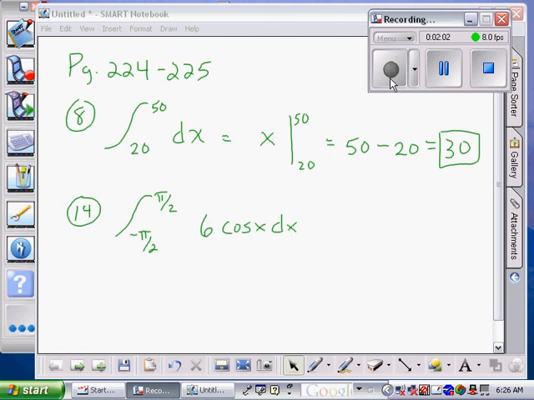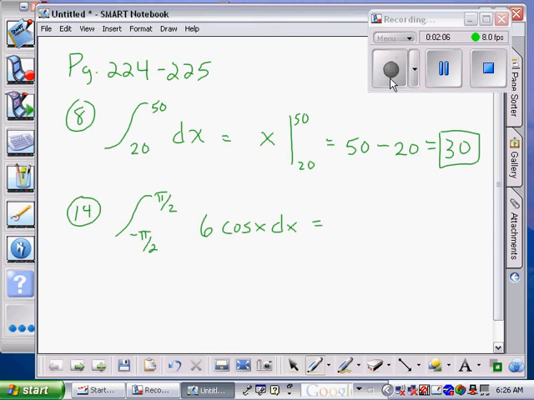Alright, did you get the antiderivative? Set your 6 out. What can I take the derivative of and get an answer of cosine of x? Because that's my antiderivative. Sine of x. So we have 6 sine of x. Again, we don't need the plus c, and then we go from negative pi over 2 to pi over 2.